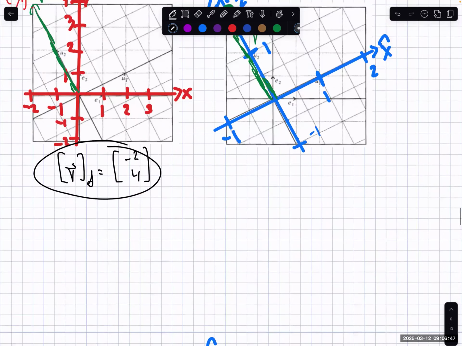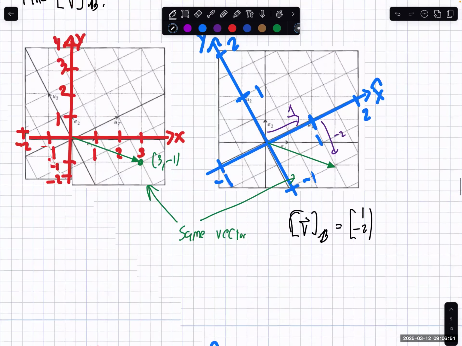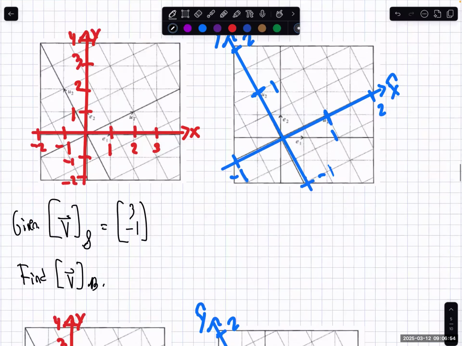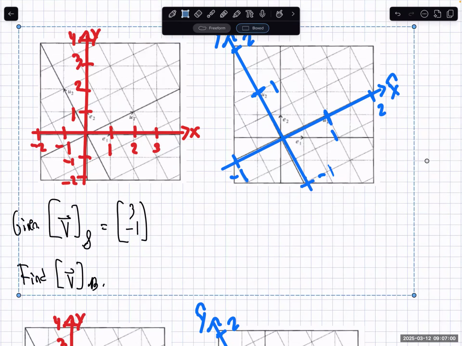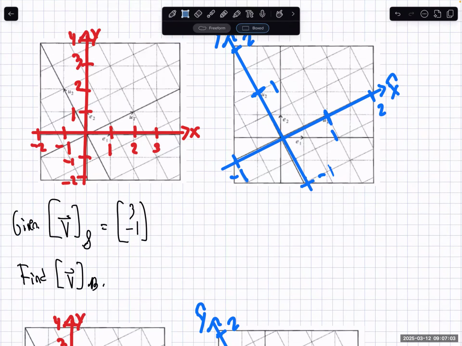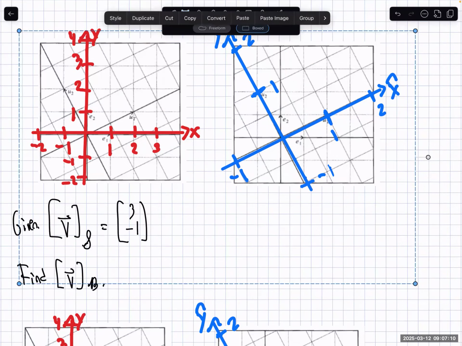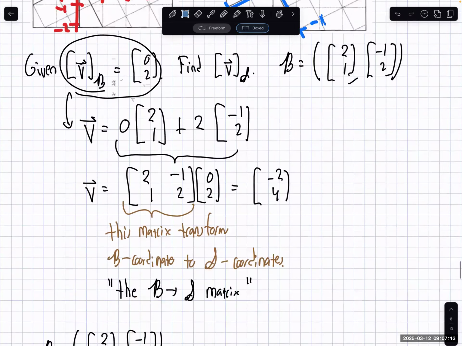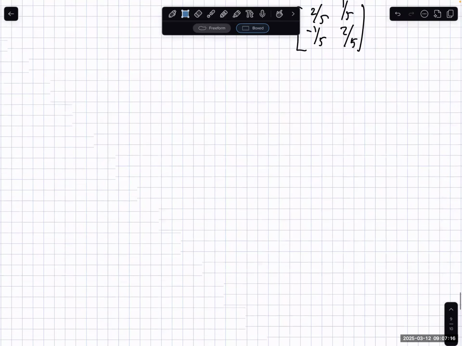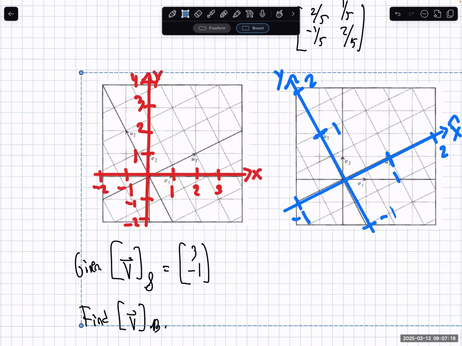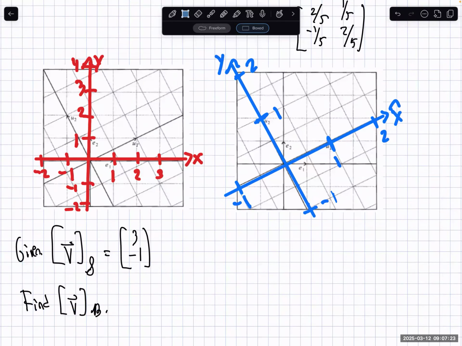So the second problem, or the first problem, I guess it would be, it's this point and that vector.